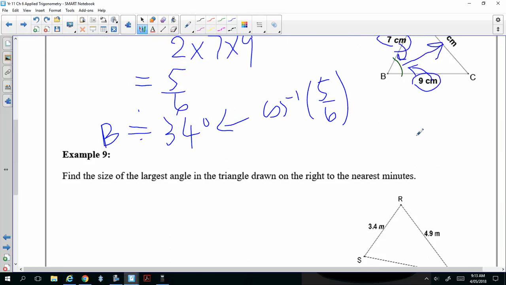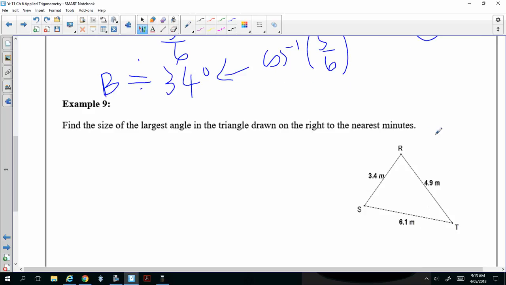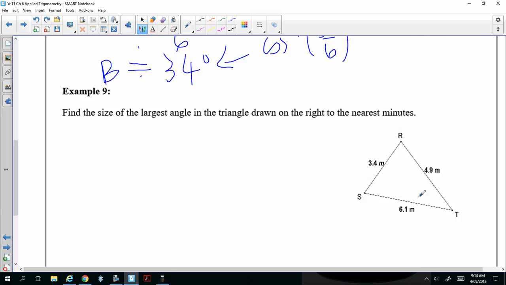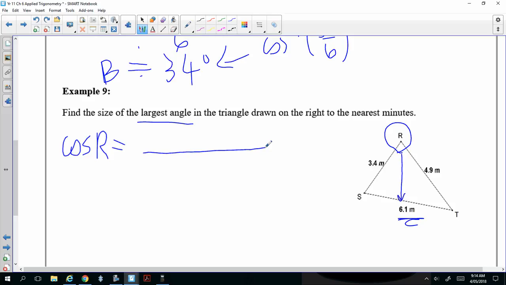Next one, find the size of the largest angle. Which angle would be the largest and why? And how do you know? Yeah, it's opposite to the longest side that you get the largest angle. Okay, so we'll find R. Like before, we start with cos of the angle, write a fraction. And remember which ones you have to add, which one you have to subtract.